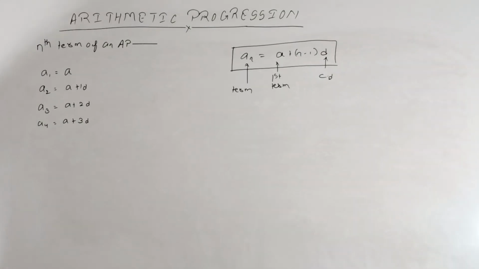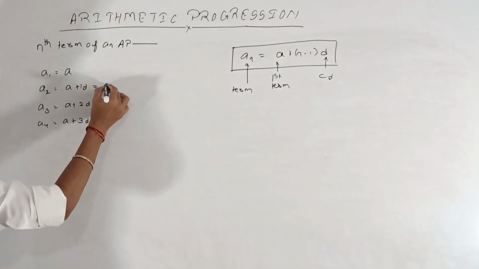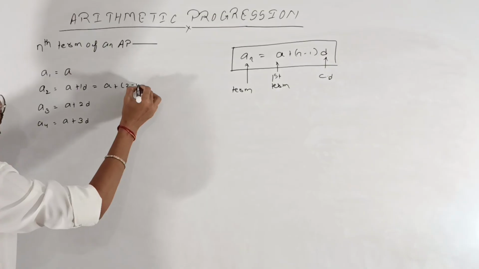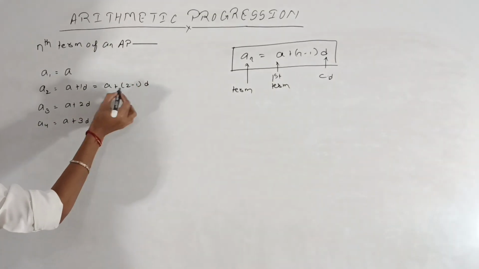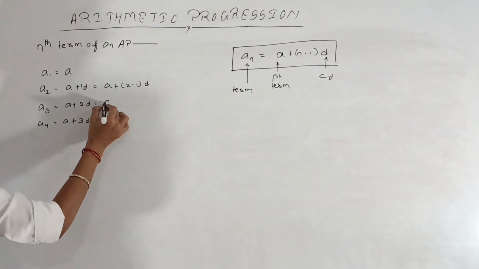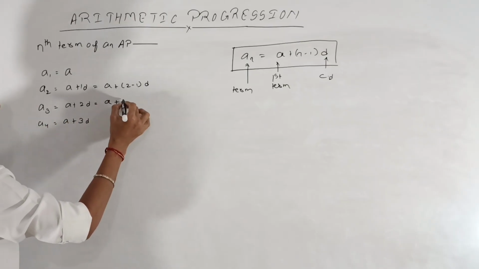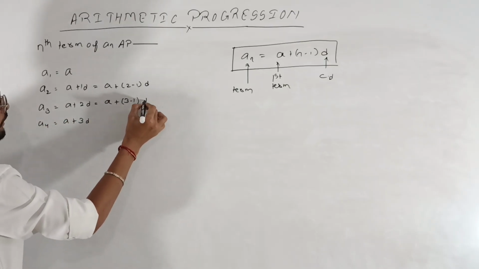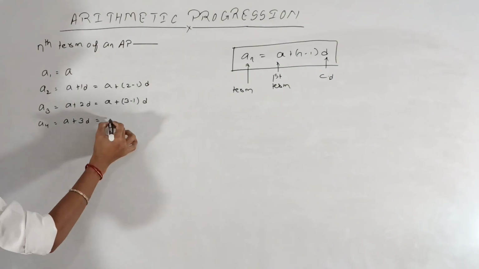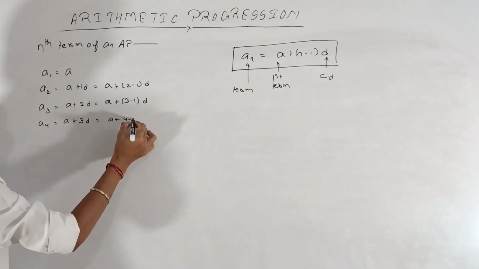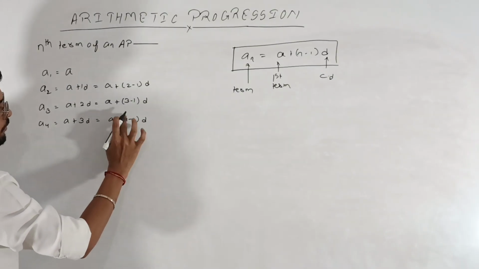Now look, I write 1d as 2 minus 1 into d, and similarly 2d I write as 3 minus 1 into d, and similarly 3d I write as 4 minus 1 into d.